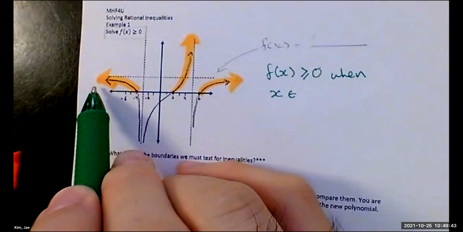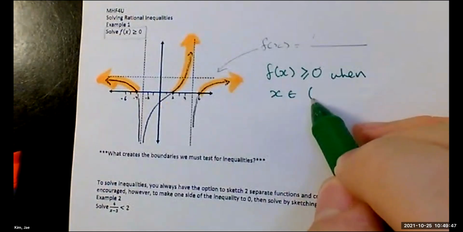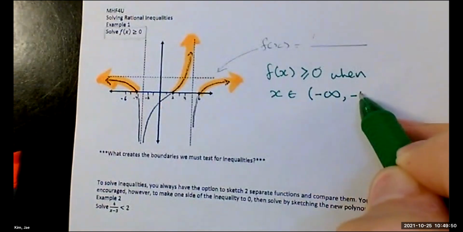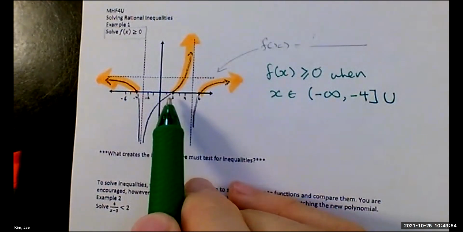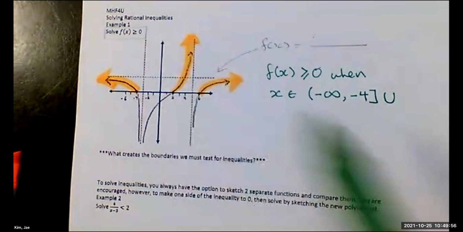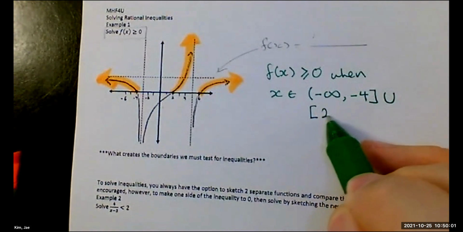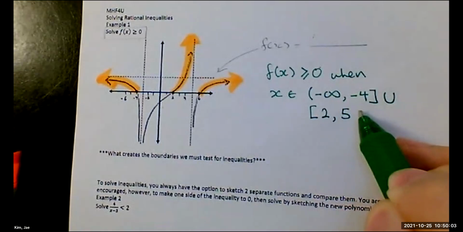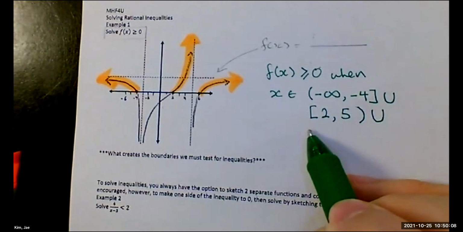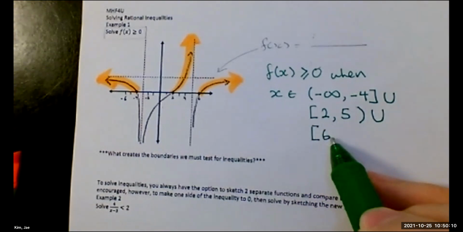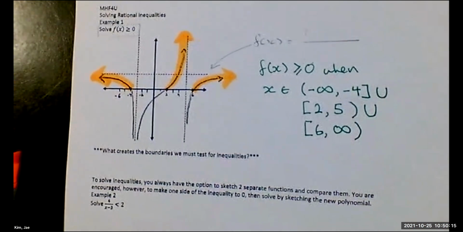It would be negative infinity, including -4, union 2, including 2 but not including 5, because that's a vertical asymptote, union, and then including 6 all the way to positive infinity.